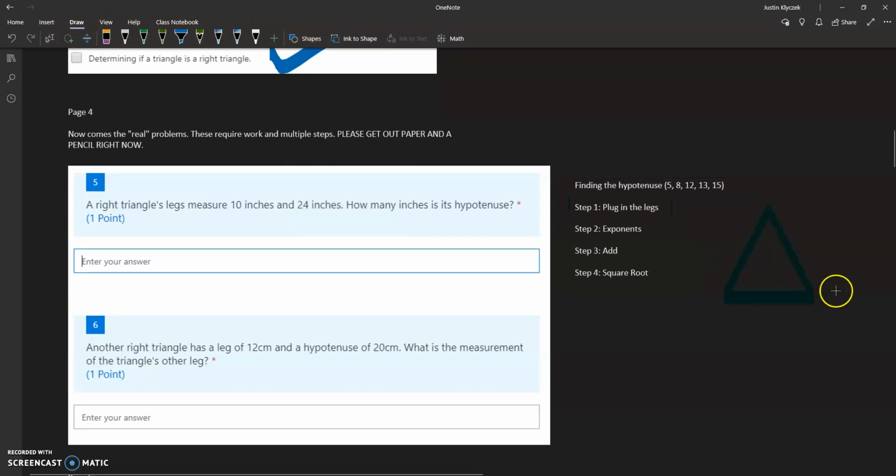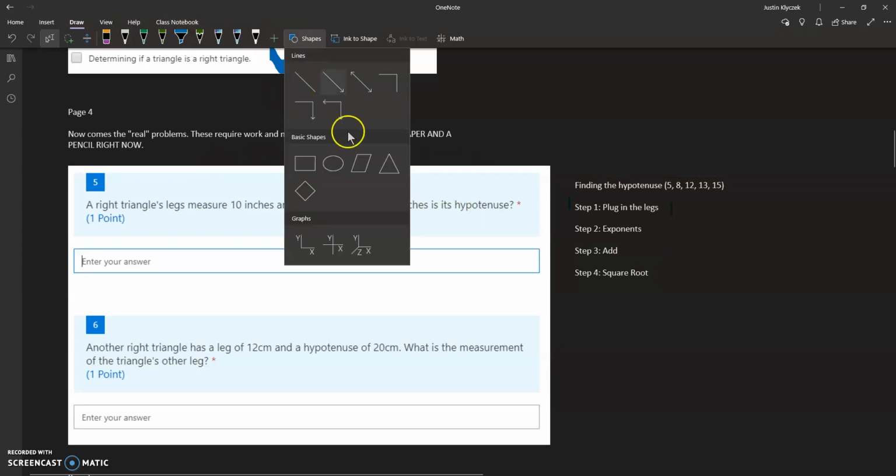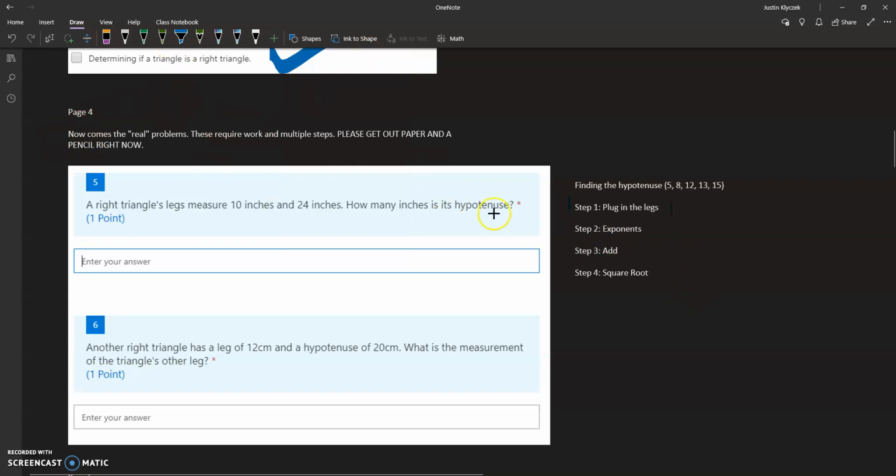This is not a right triangle. Can I make a right triangle out of it? No. How come they won't make a right triangle? Boo. All right, that's fine. I'll just use some lines here. Okay. Ooh, that's ugly.